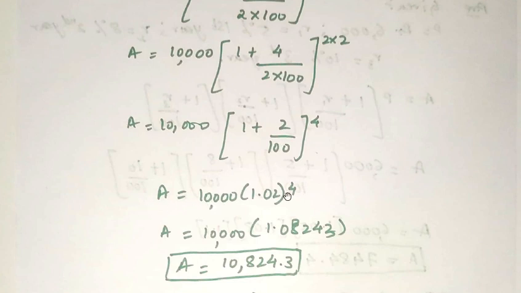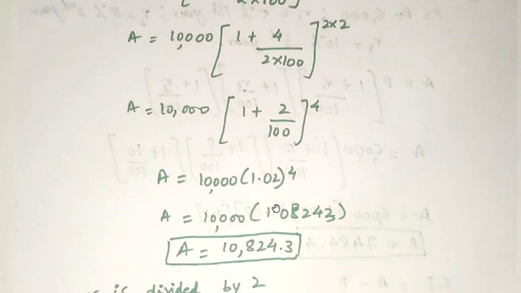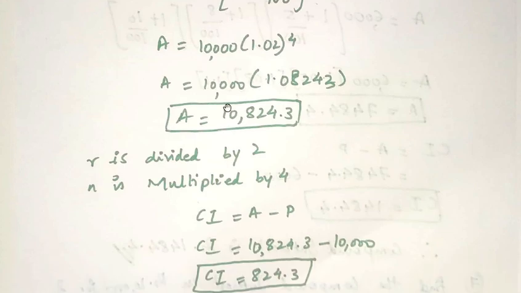A is equal to 10,000 into 1.02, so 102 by 100 is equal to 1.02, to the power of 4. Amount is equal to 10,000 into 1.08243. So amount is equal to 10,824.3.